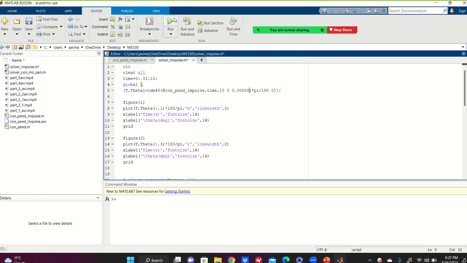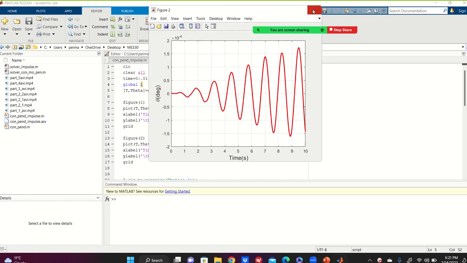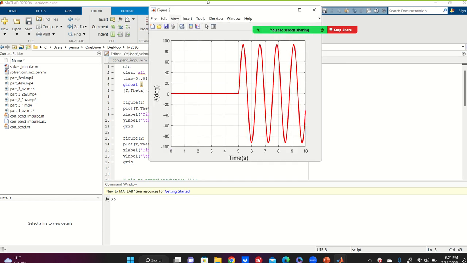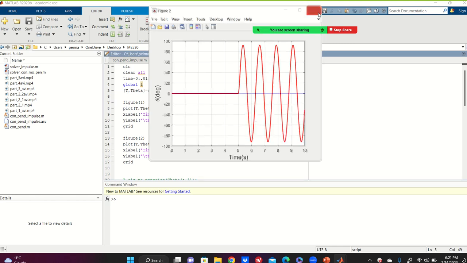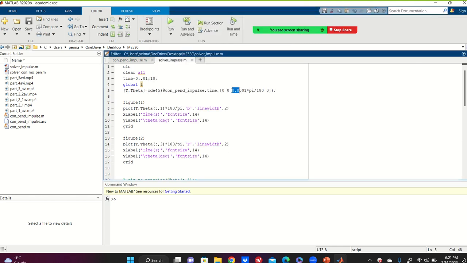Now, let me see if it works. No, actually, it's sensitive. Okay, this is almost 0, by the way. There we go. So they started from almost 0. This is the angle at the start, guys. Look here.